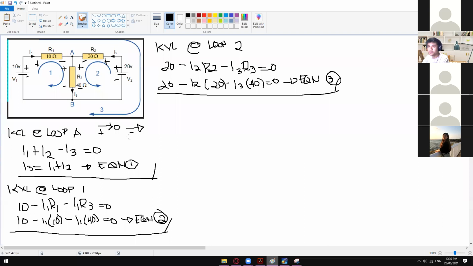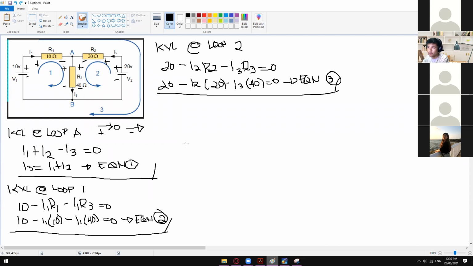In order to do that, we have to use this equation number 1 right here. We have to know the value of I1 and the value of I2. Once we learn the value of those currents, we can solve for the value of I3. We can actually use equation number 3 and number 2 to solve for one variable.